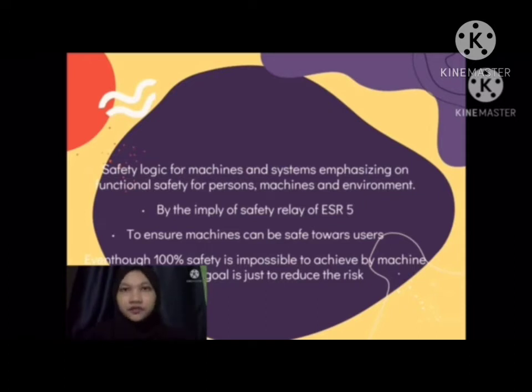Functional safety for persons, machines, and environment is the step to ensure machines can be safe towards users, other machines, and environment. As it was stated that 100% safety is impossible for a machine to achieve, the challenge is to reduce the risk of the machine, if we cannot achieve 100%.